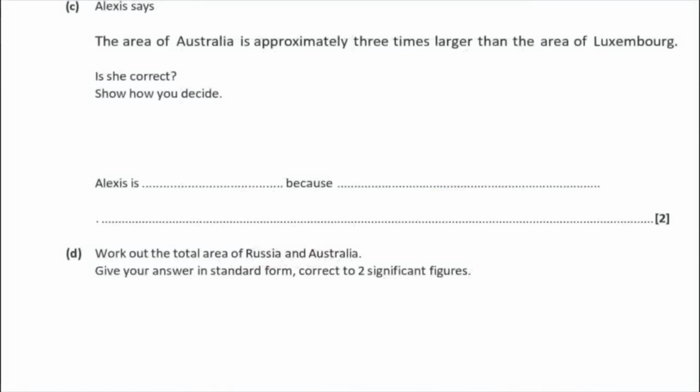Part C, Alexa says the area of Australia is approximately 3 times larger than the area of Luxembourg. Is she correct? Show how you decide. Well, just from common sense, I know she is ludicrously wrong. Australia is huge. But anyway, let's look at the maths. She might be thinking, well, 2.59 times 10 to the 3, which is Luxembourg.